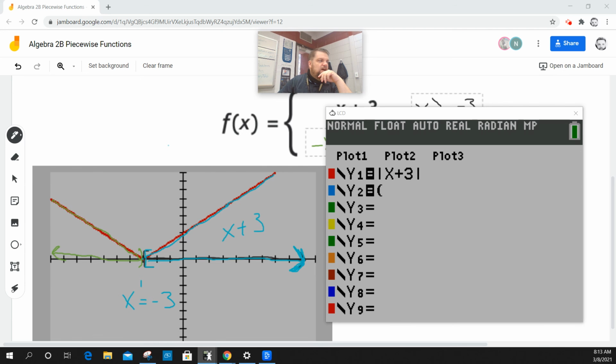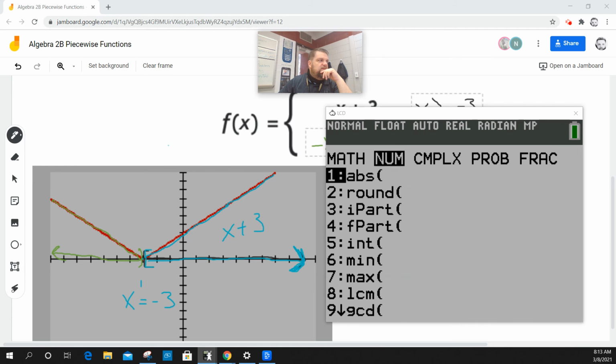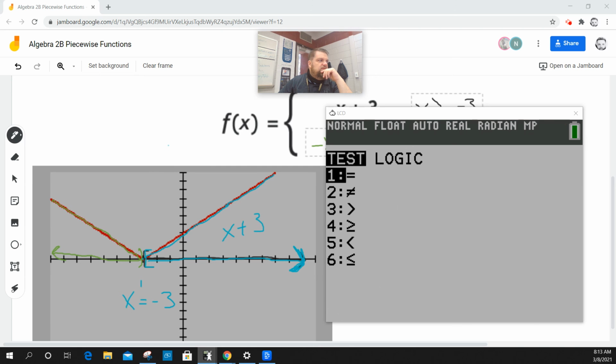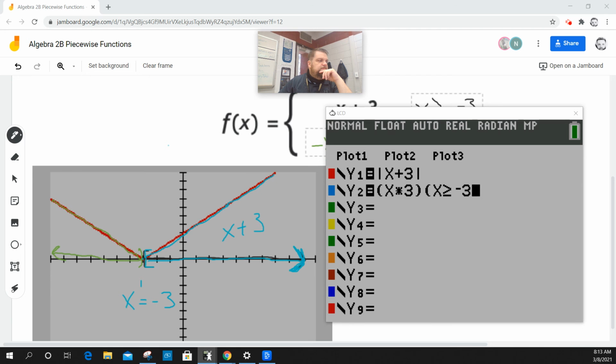I'm going to say x plus 3, and that restriction is going to be x is greater than or equal to negative 3. Whoops, I hit the wrong button. There we go. And now for the next part, I'm going to put negative x minus 3, and my domain restriction on that is going to be x is less than negative 3.